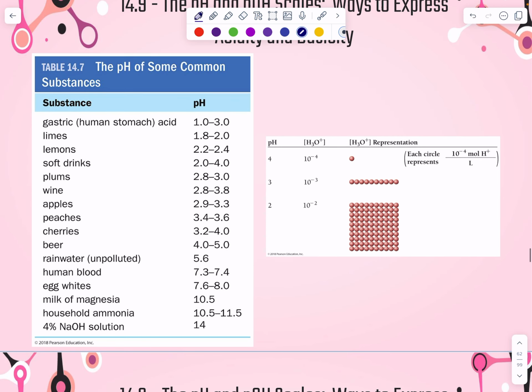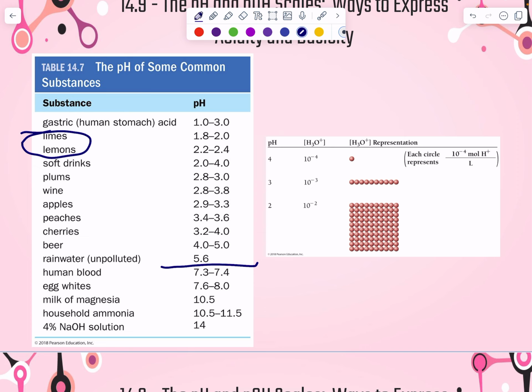And so the further away from 7 you get, the more acidic or the more basic the solution becomes. So you could see if 7 is right around here, right? You get things that we interact with every day: rainwater, human blood, right? Beer, cherries start to get pretty acidic. And here are some citrus fruits that we know are quite acidic.